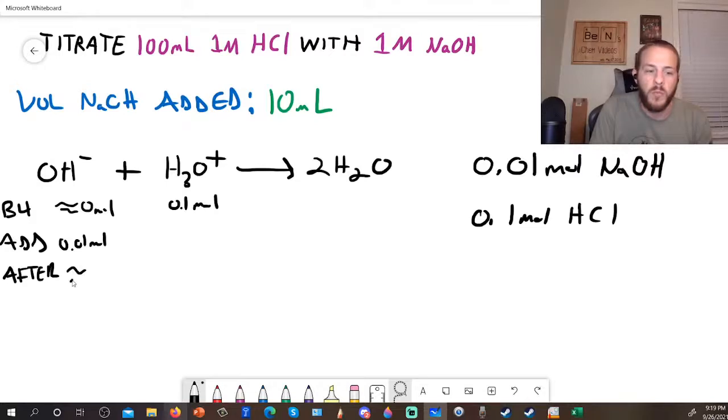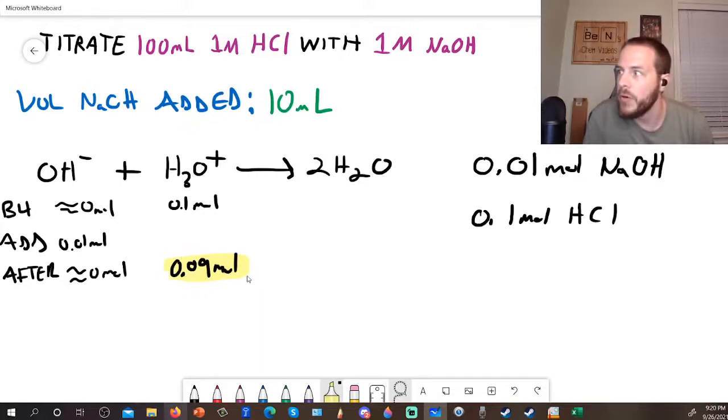And so afterwards, we're going to have approximately 0 moles of hydroxide, but the amount of hydronium is going to be reduced by the amount of hydroxide that we added. So it's going to be 0.1 moles minus 0.01 moles. And so our new amount of hydronium then becomes 0.09 moles, right? We have 0.09 moles of hydronium ion in this solution, right?